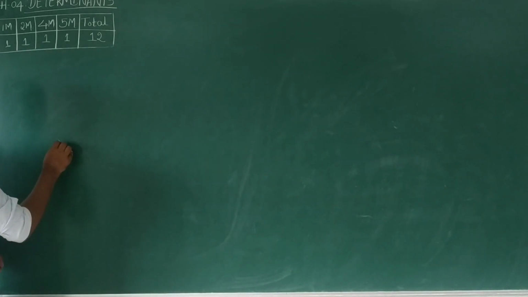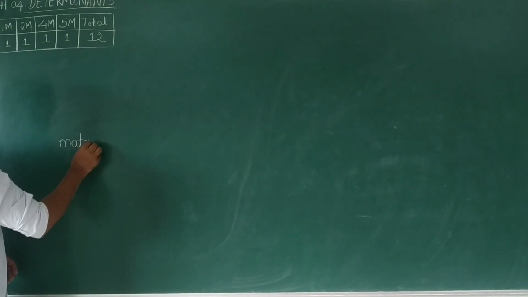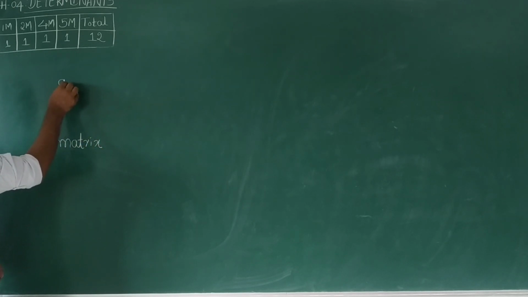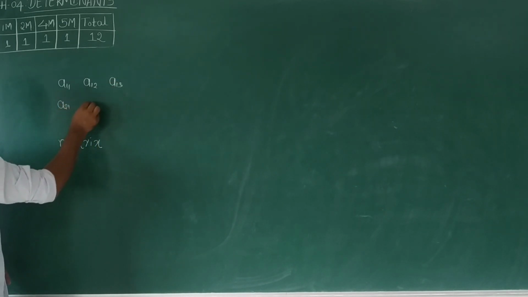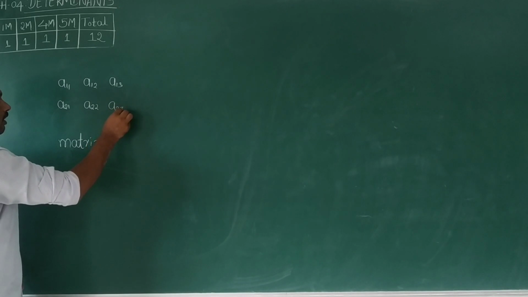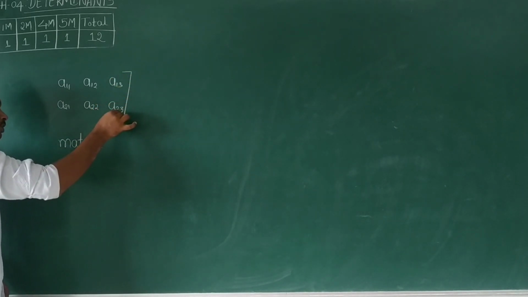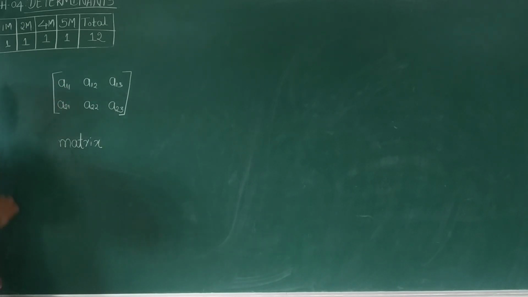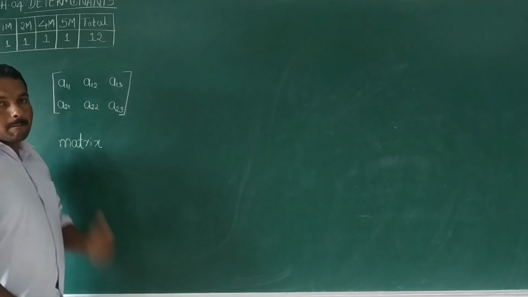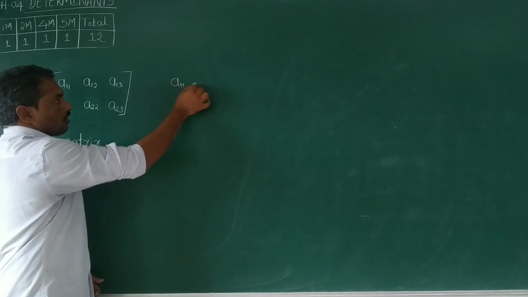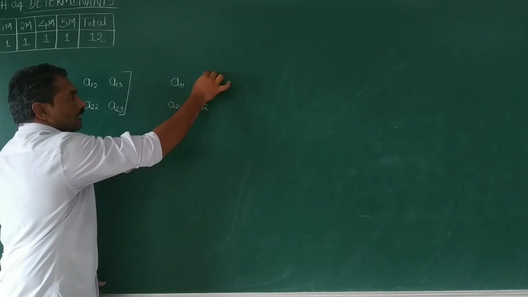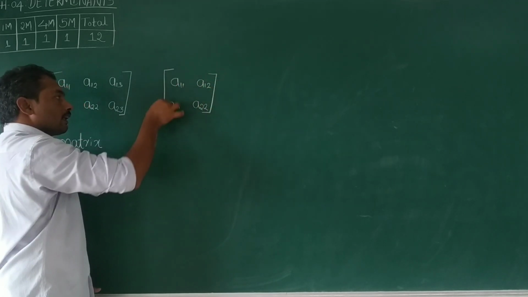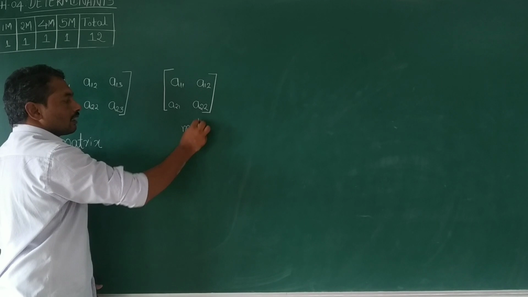As we already studied, matrix means an arrangement of numbers using rows and columns, and that arrangement is enclosed within square brackets. This structure is known as a matrix.